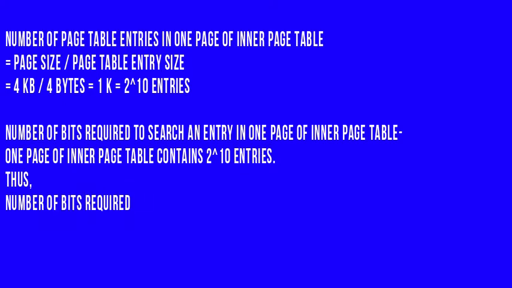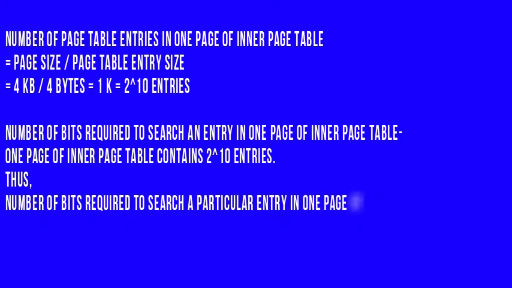Page size is already given as 4 kilobyte and the page table entry size for the inner page table is given as 4 byte, which equals 1 KB, equal to 2 to the power 10 entries. Now, the number of bits required to search an entry in one page of the inner page table: one page of the inner page table contains 2 to the power 10 entries. Thus, the number of bits required to search a particular entry in one page of the inner page table equals 10 bits.